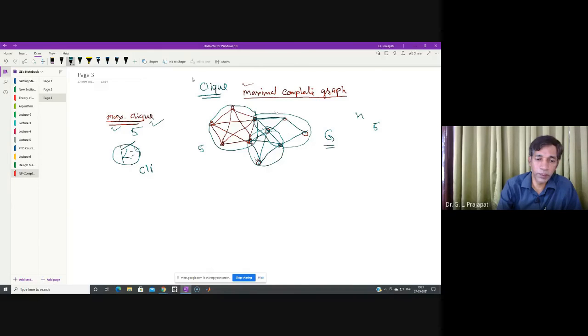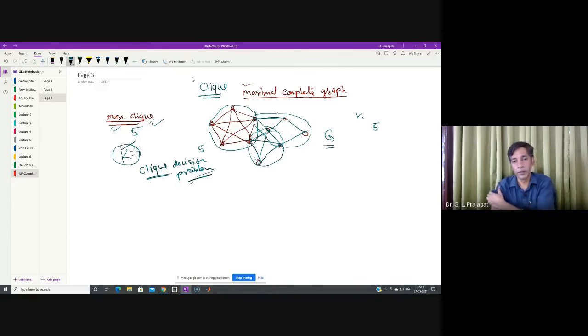So in the clique decision problem, you will be given the graph and some k value, and you need to decide whether a clique of size k is available or not. If yes, then you output yes, otherwise you say no.